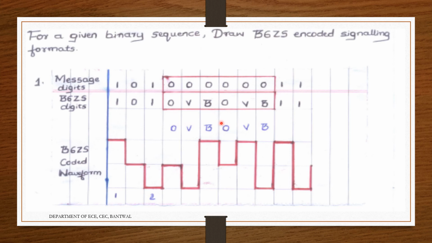Now consider here, previously both are even, so 1 1, alternate masking is there, and that is done, no issues about that. Now coming to the 0, what is the previous one here? It is minus and it is even.